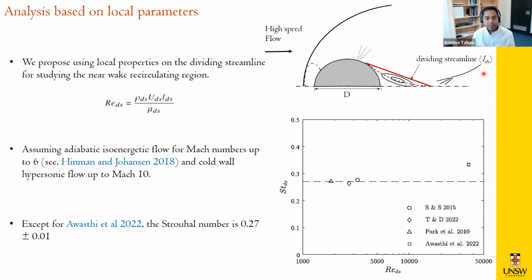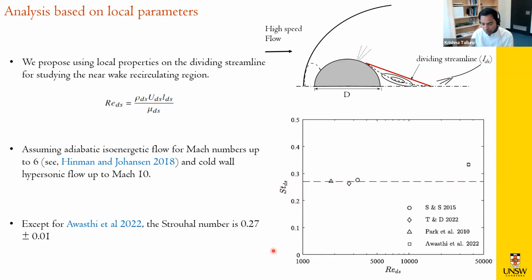But there is still a doubt whether it is the cylinder diameter, or should we use the dividing streamline as the appropriate length scale. What we find is, yes, in fact, they also see a very good agreement, even if you define the Strouhal number based on the dividing streamline.